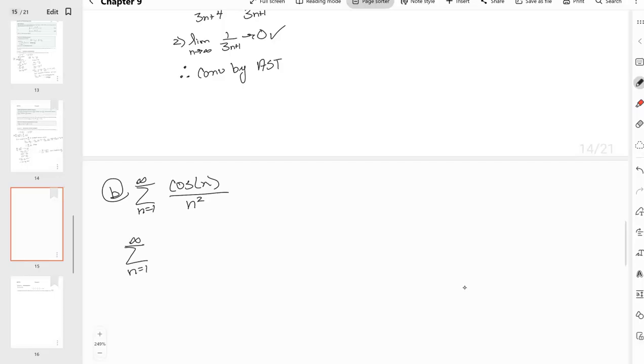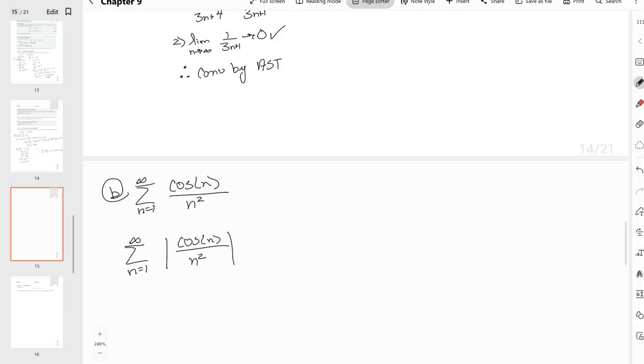So I'm going to look at the absolute value of cosine of n over n squared. And notice as n gets bigger and bigger, this is going to have some negative terms in it. It's not really an alternating series.